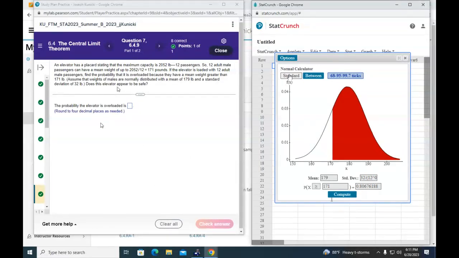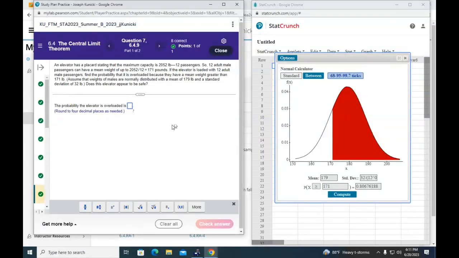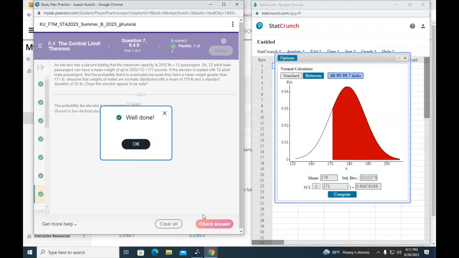You could tell that because if the load limit is 171 on average for 12 passengers, and you have males that are on average 179, chances are they're going to be overloaded. That's why one or two guys would step off to make up for that difference. So the probability it's overloaded if you put on 12 men is 0.8068.